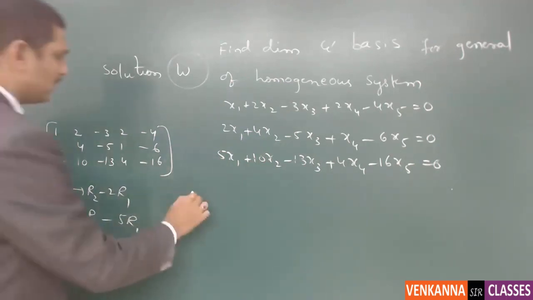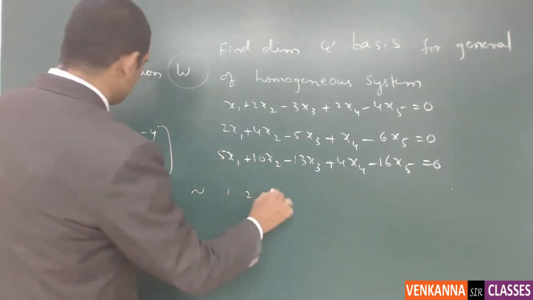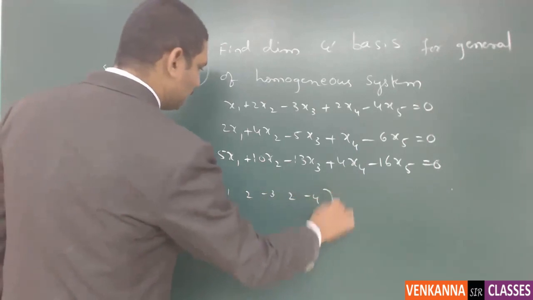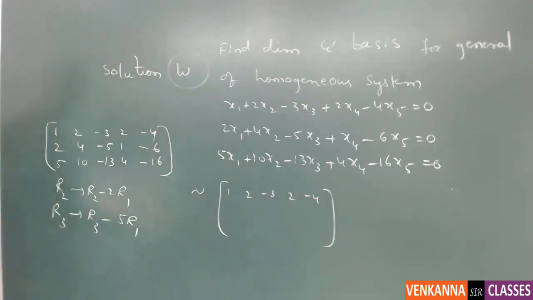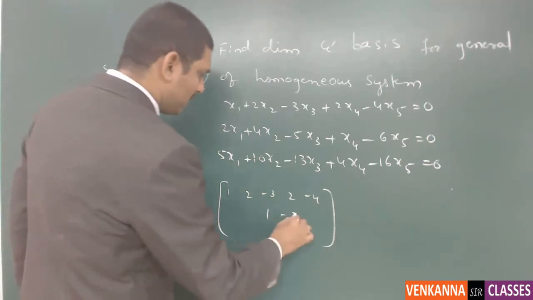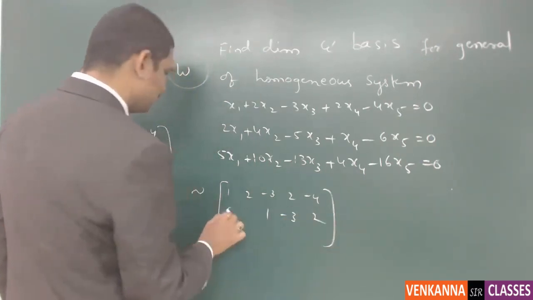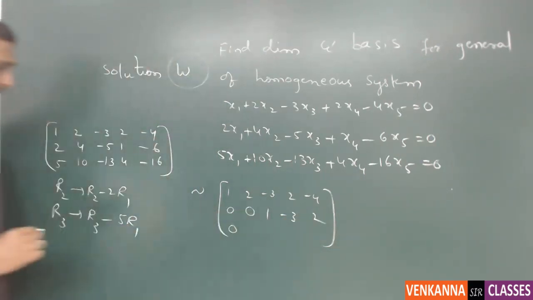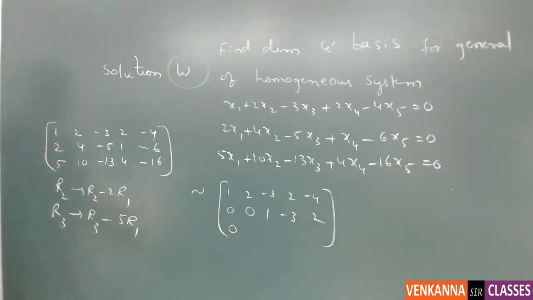So it will be reduced to 1, 2, minus 3, 2, minus 4, and you will get the remaining values: 0, 0, 1, minus 3, 2 in the second row, and the third row 0, 0, 2, minus 6, 4.